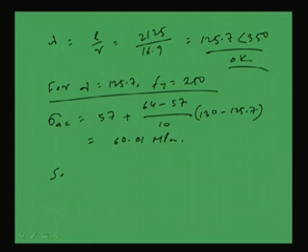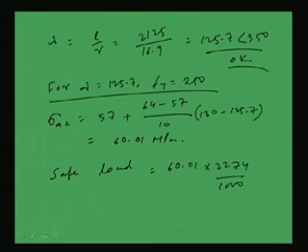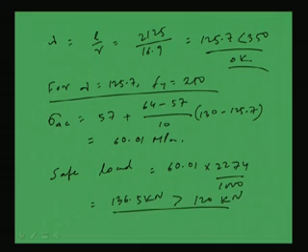So, safe load will become 60.01 into 2274 by 1000 for kilonewton. This is coming 136.5 kilonewton, which is greater than 120 kilonewton. That means the design is safe, right.